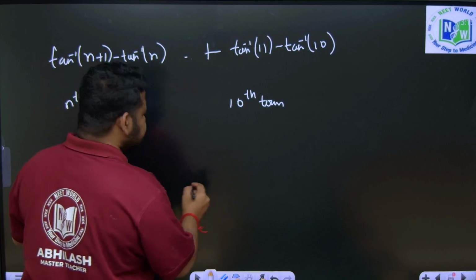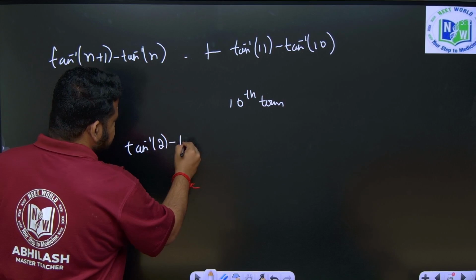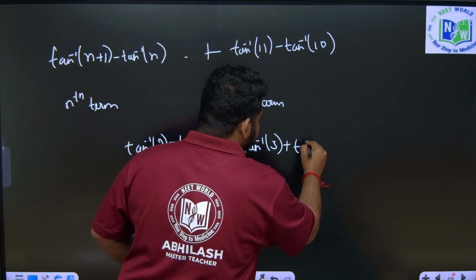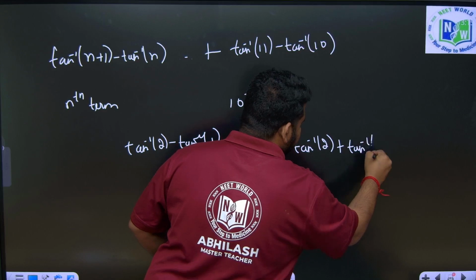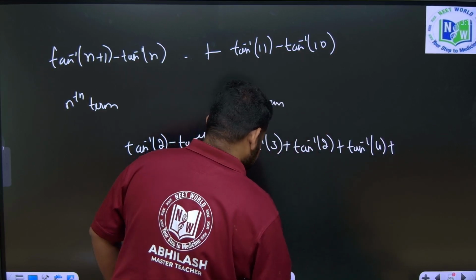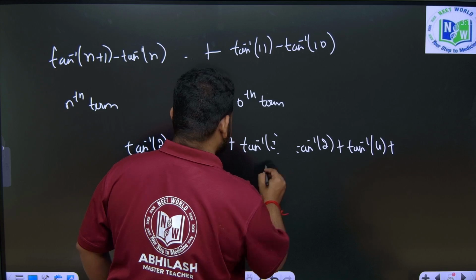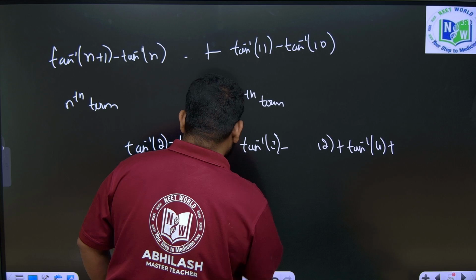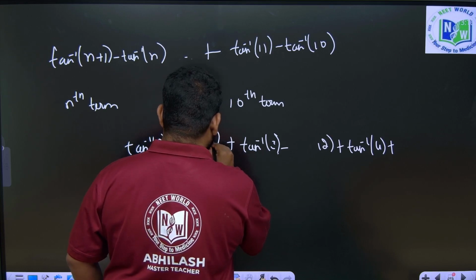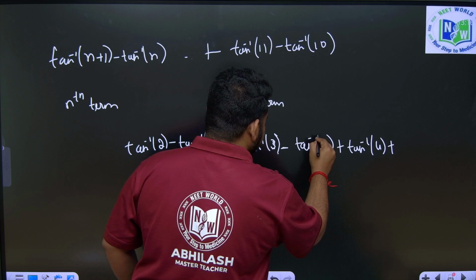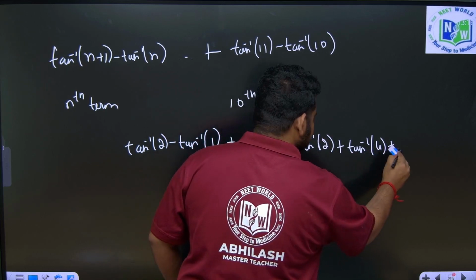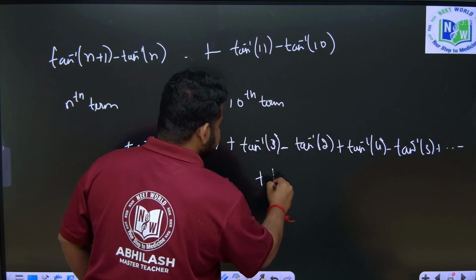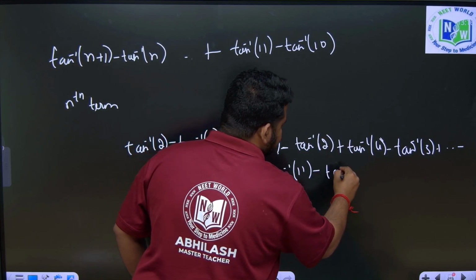So ultimately we will get tan inverse of 2 minus tan inverse of 1, plus tan inverse of 3 minus tan inverse of 2, plus tan inverse of 4 minus tan inverse of 3, plus up to the 10th term, tan inverse of 11 minus tan inverse of 10.